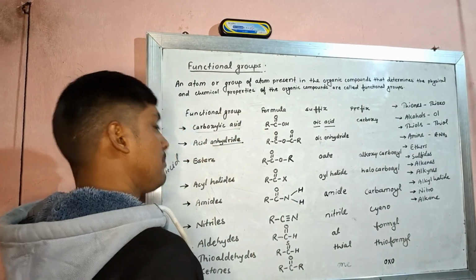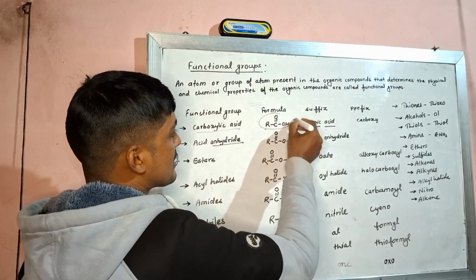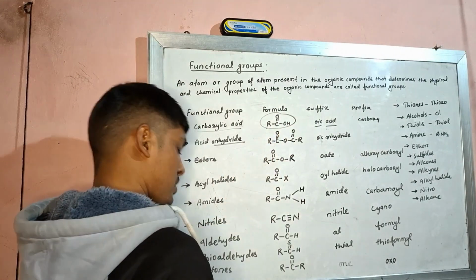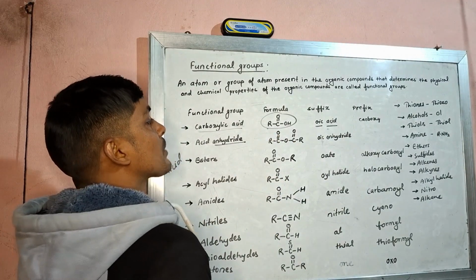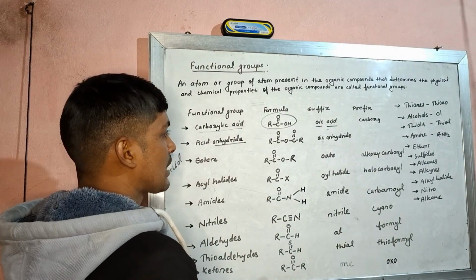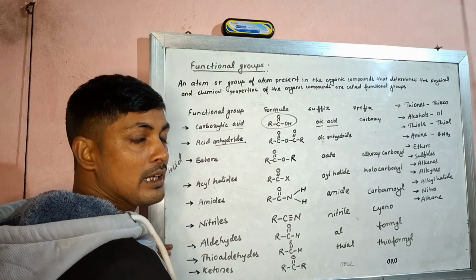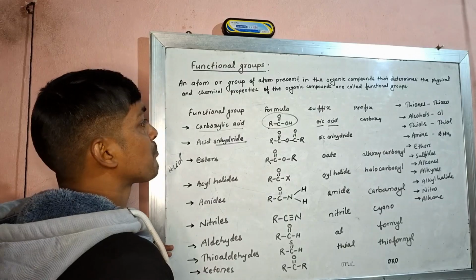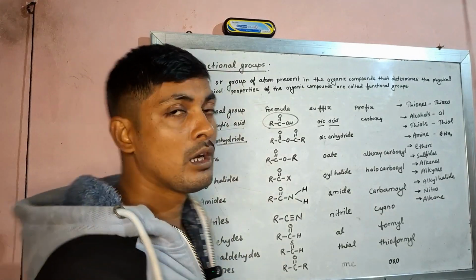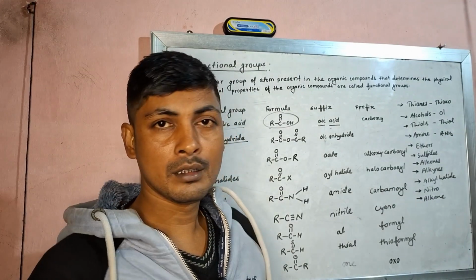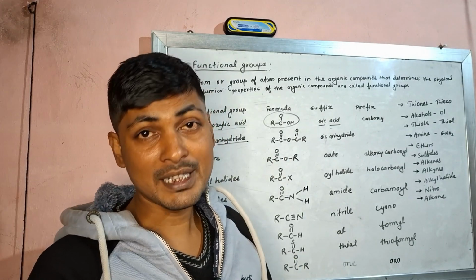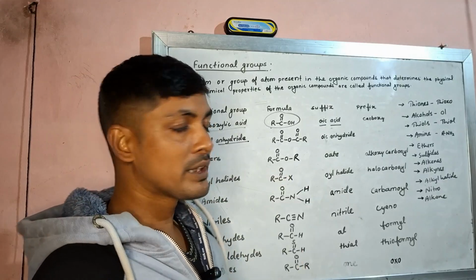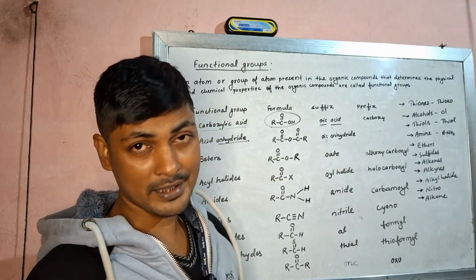Like carboxylic acid, the formula of carboxylic acid is R-C double bond O single bond OH. In this formula, R represents the alkyl radical like methyl, ethyl, propyl, butyl, pentyl, and so on. There are many alkyl radicals, and which alkyl radical is present there, we can understand by looking at the formula of that alkyl radical.